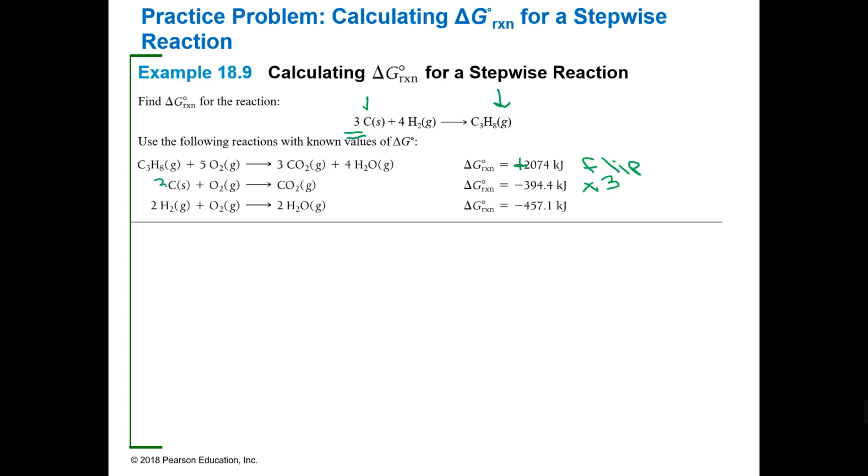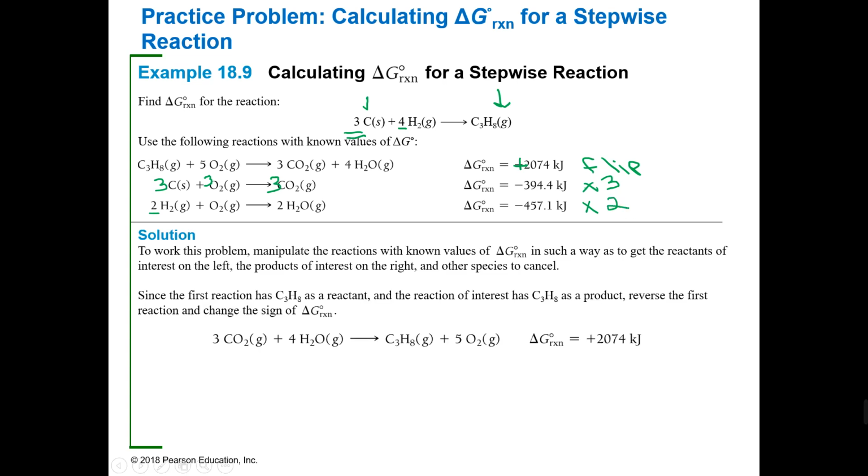So I'll have a 3 in front of that, a 3 in front of that, and a 3 in front of that. Okay? And then finally, H2 is on the reactant side, and it's on the reactant side in the original. So I don't need to flip anything here either. But there's a 2 in front of that H2 and a 4 in front of this one. So I'm going to have to multiply everything by 2.